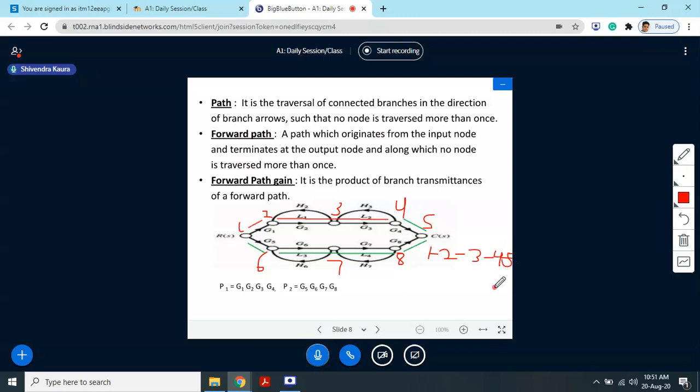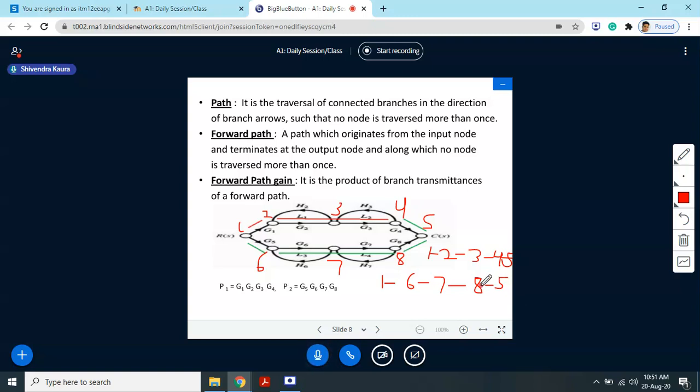So this is one path. Another path is from input 1, then 6, then I move to 7, then to 8, then to 5. So this is the other path. These are two paths by which I can travel from input to the output.